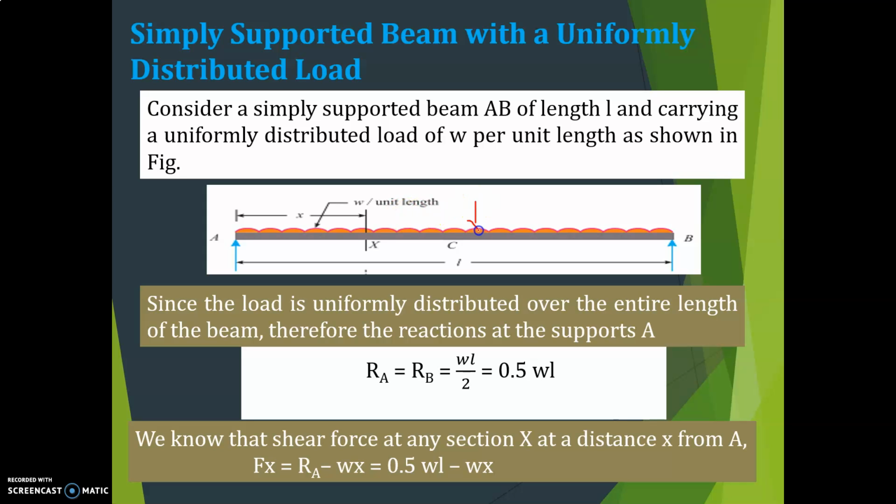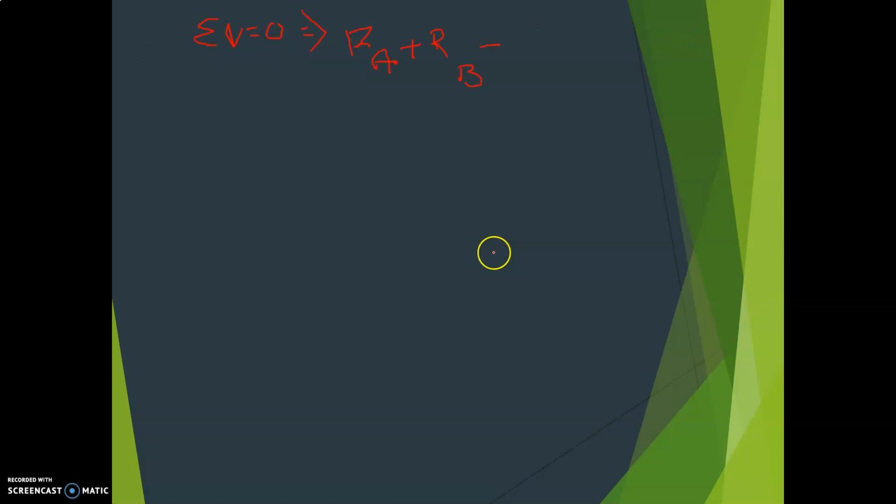This always acts downward. So W into L, uniformly distributed load multiplied by the length. So RA plus RB minus WL is equal to 0.